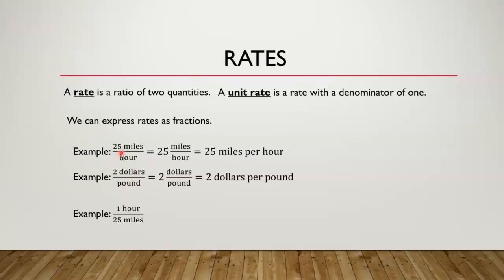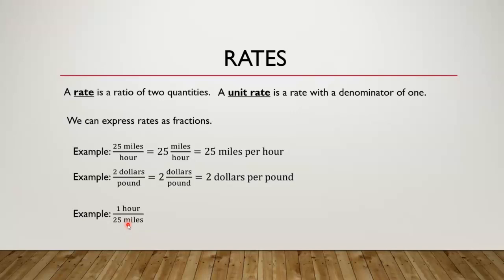So from 25 miles per hour, we can get another rate, 1 hour per 25 miles. You'll see in the examples we do today that you will want to invert a rate. Notice you don't have a unit rate anymore, because the denominator is not 1 mile, it's 25 miles.